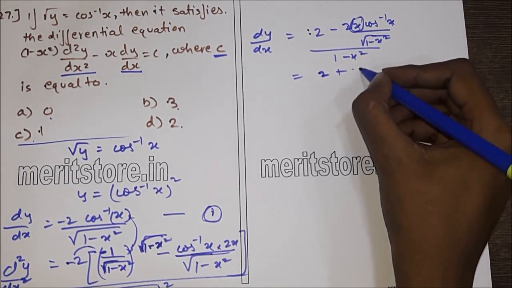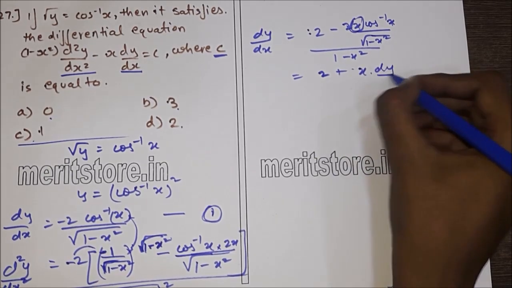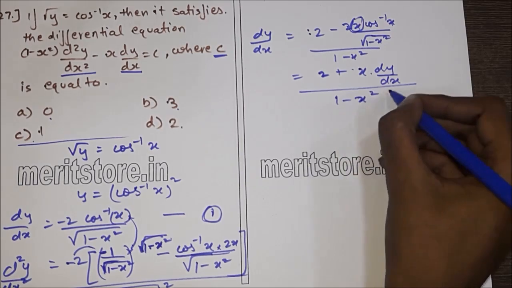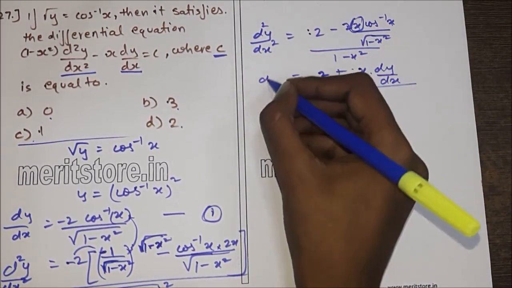So we can write this as x times dy by dx upon 1 minus x square. This is d2y by dx square.